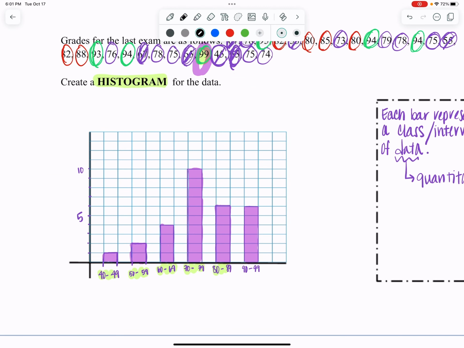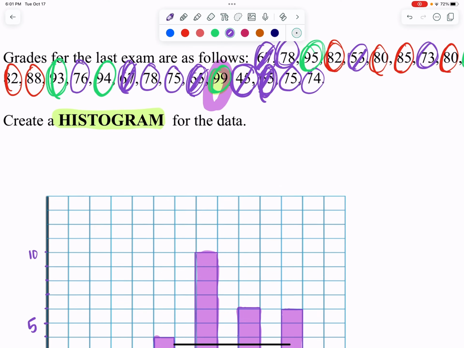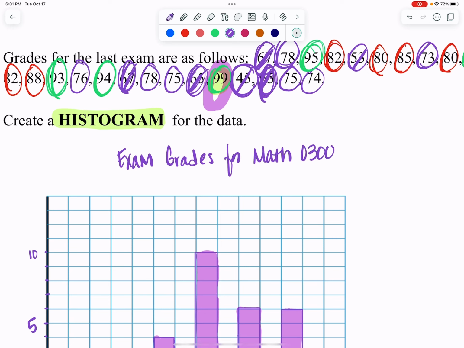We are missing a couple of things. We need to make sure we get some labels. We need a title. So we can call this exam grades for Math 0300.